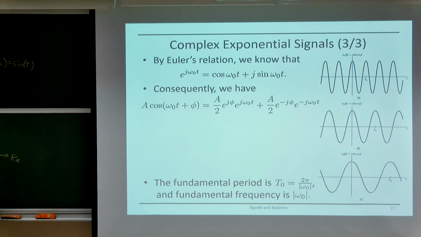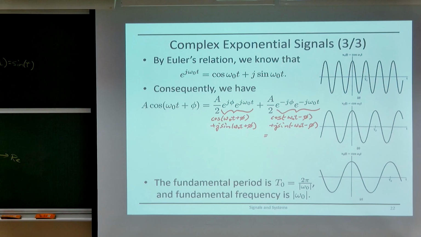You can easily check that this is true because by Euler's relation, this complex exponential you can write as cosine of omega naught t plus phi plus j sine of omega naught t plus phi. And for this part, you have cosine of minus omega naught t minus phi plus j sine of minus omega naught t minus phi.